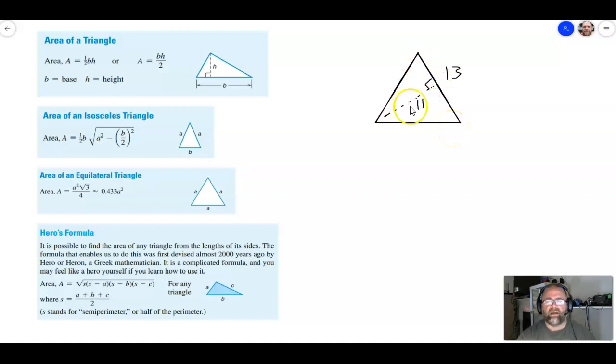Then I could use this formula here, and that would be area is equal to 1/2 times my base. My base would be that side here, 13, times the height. The height would be the distance that was perpendicular to our base, so that would be times 11. So this would be, now let's go ahead and use the calculator.